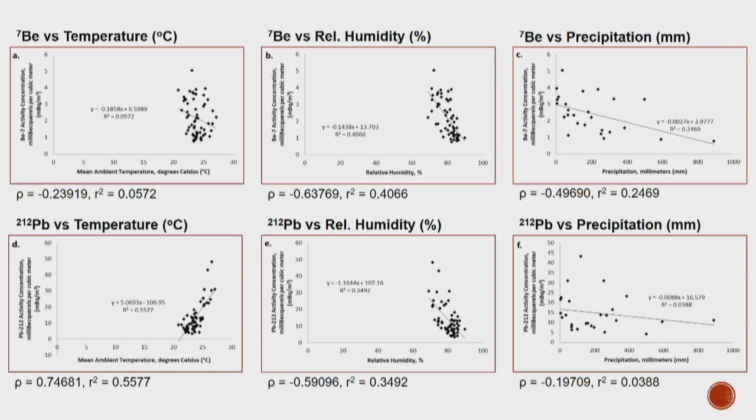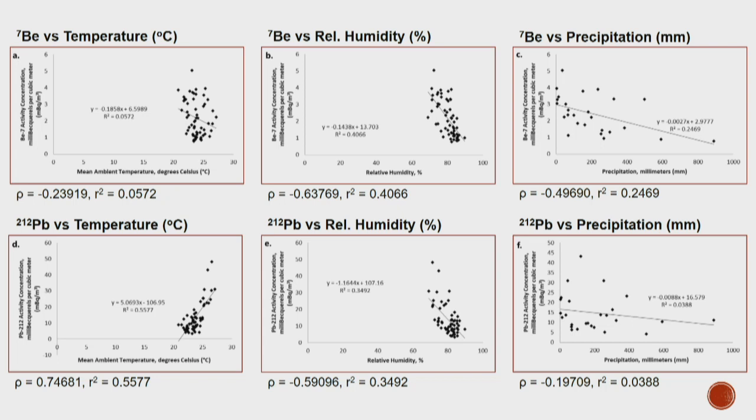We also did a correlation between beryllium-7 and lead-212 concentrations with atmospheric parameters such as ambient temperature, relative humidity, and total precipitation in millimeters. Out of all the correlations, we found that only lead-212 and temperature have a strong positive correlation, whereas all other correlations are negative, albeit in different degrees.